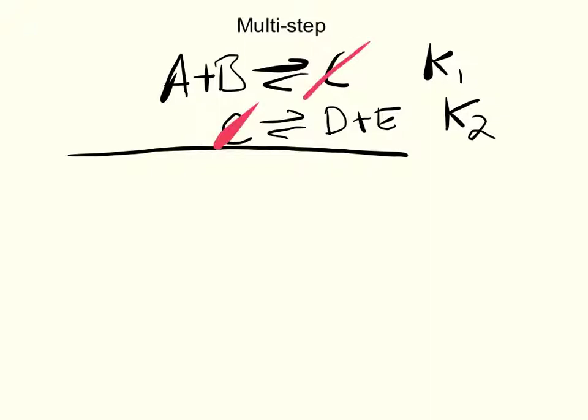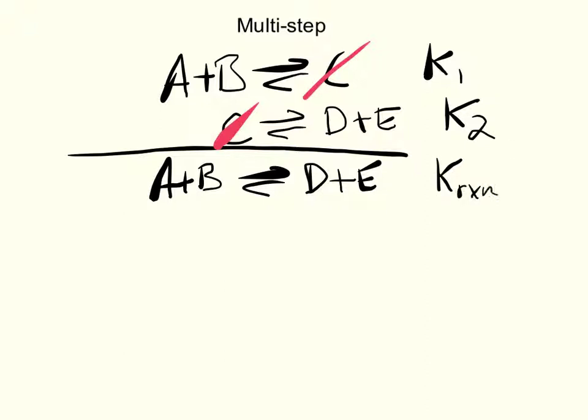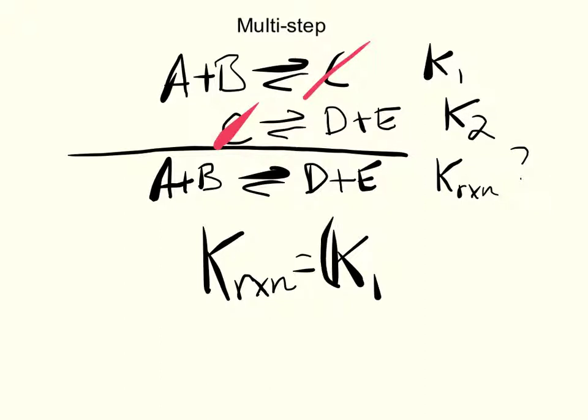Well, if we add them together, we get A plus B in equilibrium with D plus E. So it's like if we had a mechanism, for example. How do we figure out K of the overall reaction? Well, it's pretty simple. K of the overall reaction is the product of all the equilibrium constants before it. So K1 times K2. If there were 3 steps, it would be times K3, and on and on.